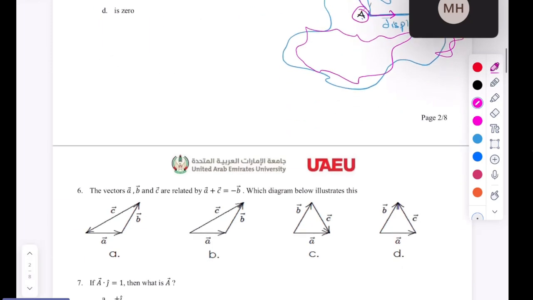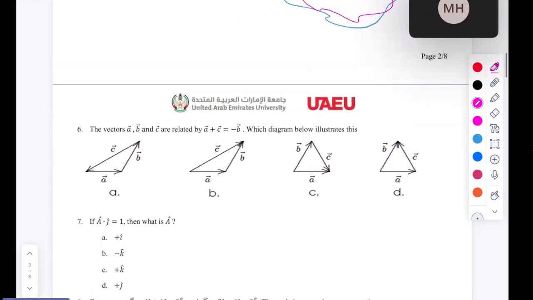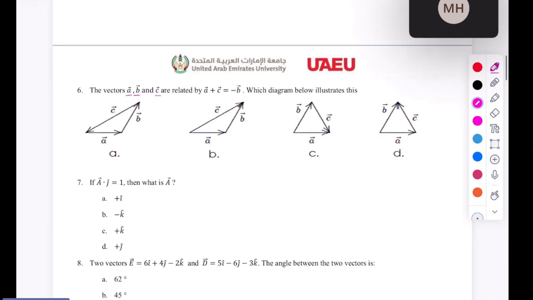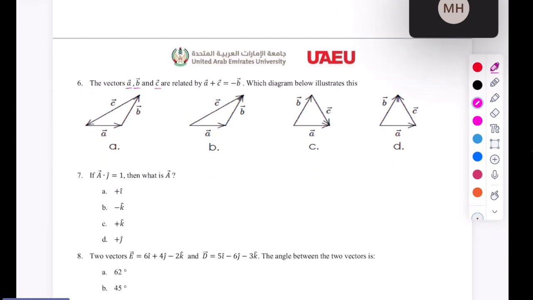So the next question is about the vectors A, B, C. To add vectors, you have a rule, what we call the right hand rule. The rule says you take the head of the first vector and connect it with the tail of the next vector.